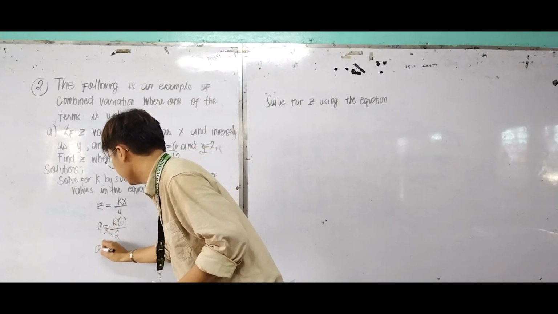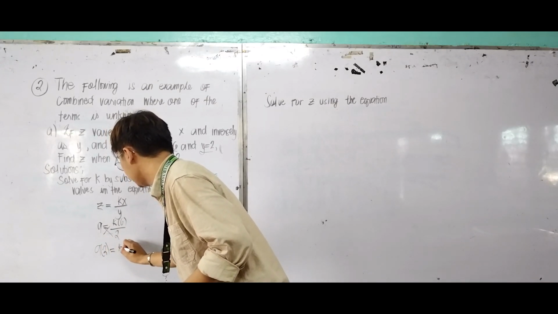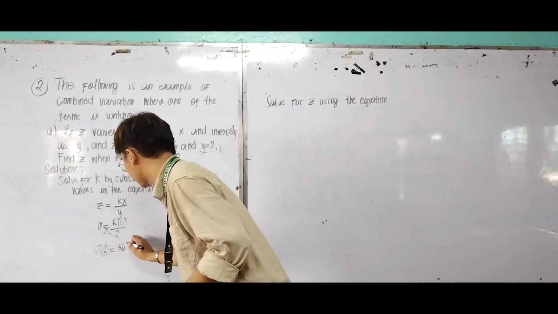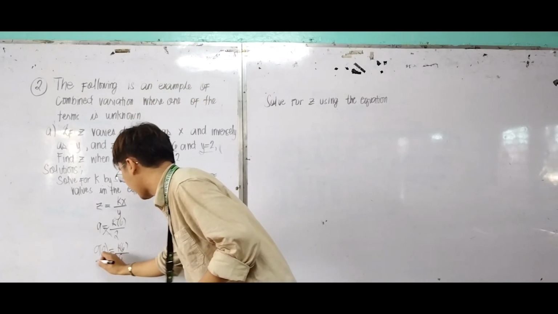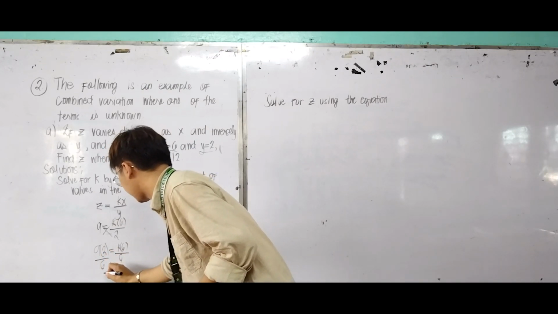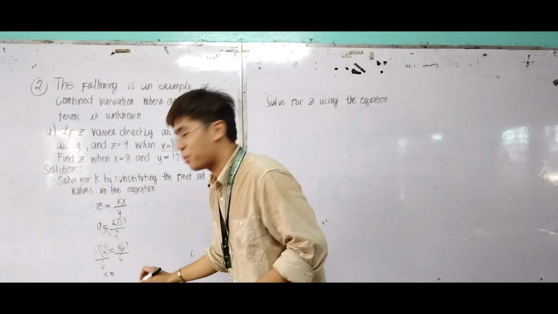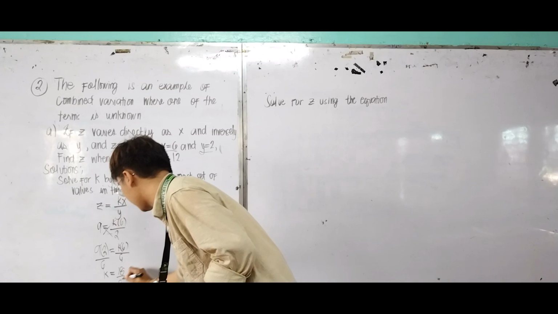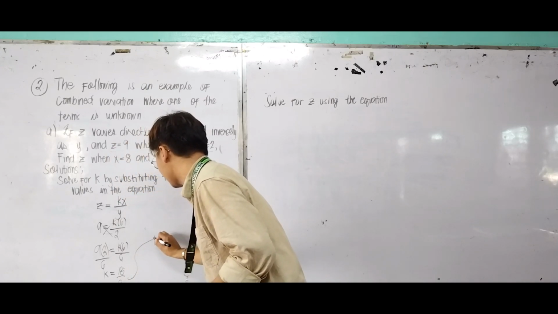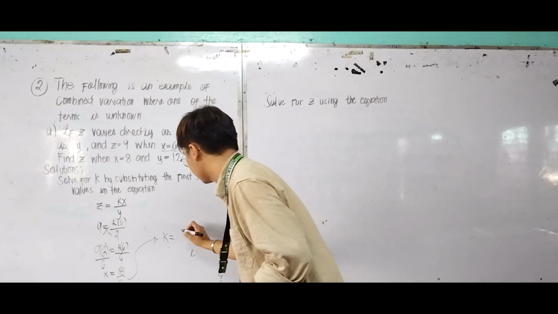So we have 9 times 2 equals k times 6. Then divide both sides by 6. So we have k equals 9 times 2, which is 18, divided by 6. So 18 divided by 6, we have k equals 3.